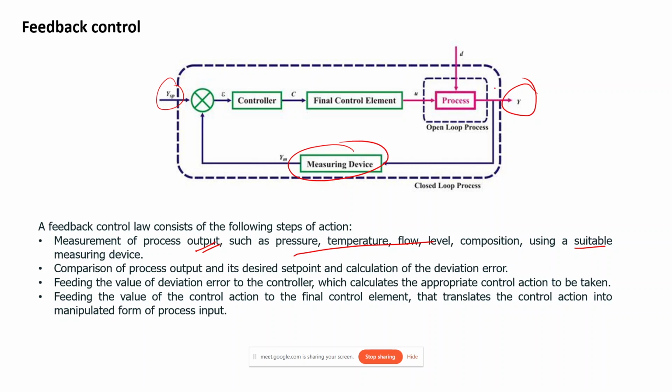We compare whatever my output is with this set point, and on the basis of that we calculate an error. The controller takes this error as an input and calculates the appropriate control action. This C is the control action, and it will be implemented by the final control element, usually a control valve. It will control the flow of the input, the temperature of the system, and all these parameters to get us to the desired output. These are all the different elements of a feedback control system.